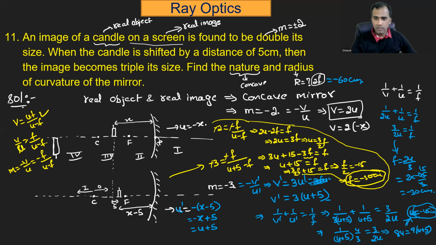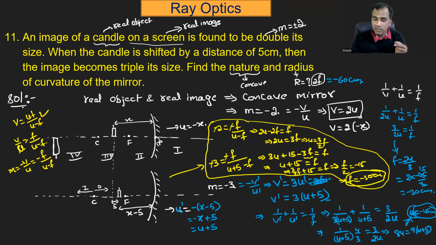So here, one thing important to note is whenever they say the object is moved, which side it is moved, you have to understand that. Left side or right side. Since in this case it is moved to the right side, immediately we think that U minus 5 is the object distance. But object distance is measured negatively.